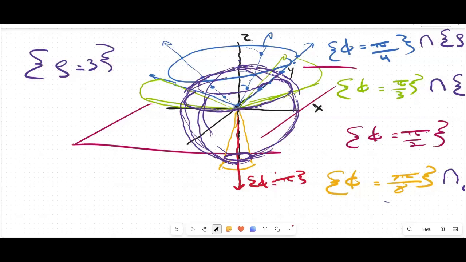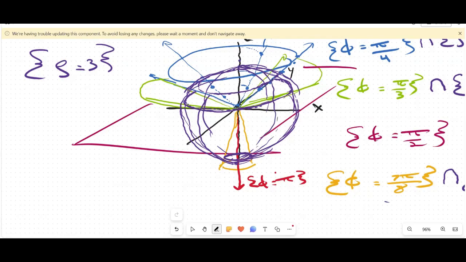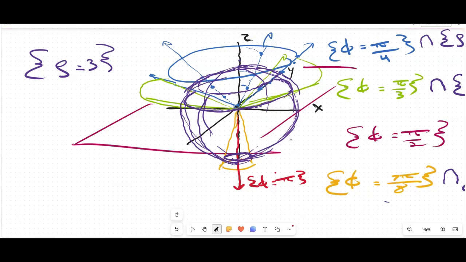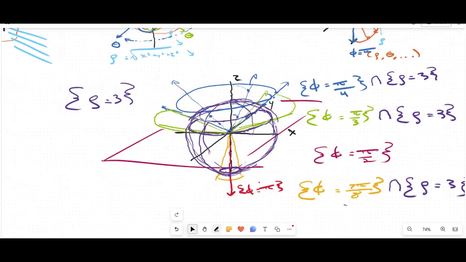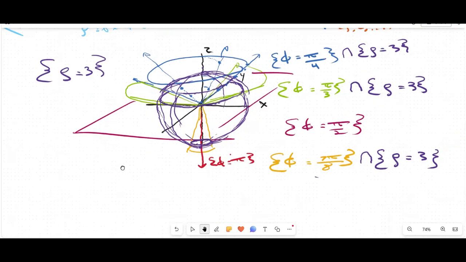It is the sphere of points where the distance from the origin is 3. I hate this tablet sometimes. Okay, I think you guys get the idea. That sphere intersects any one of these cones, giving you a circle.